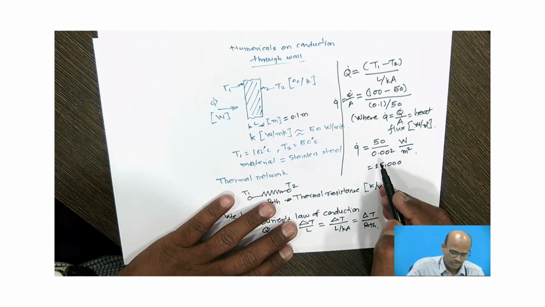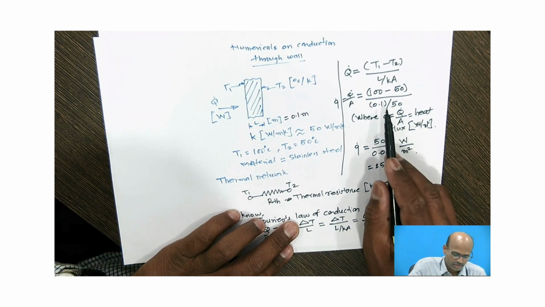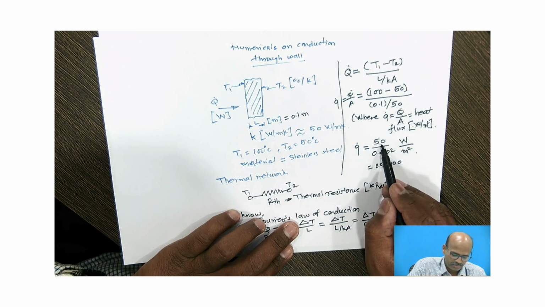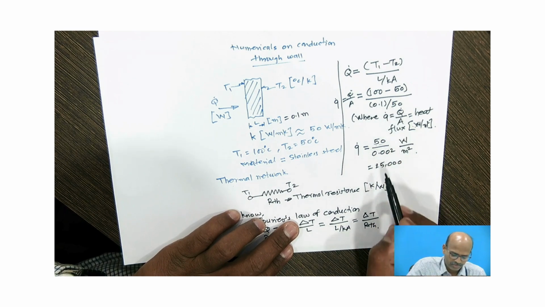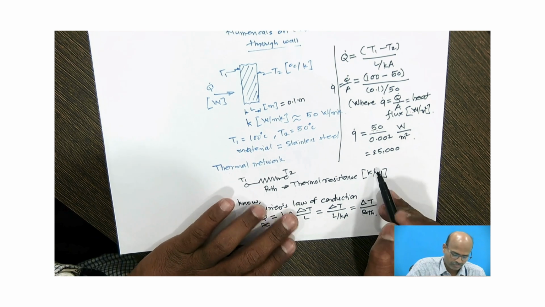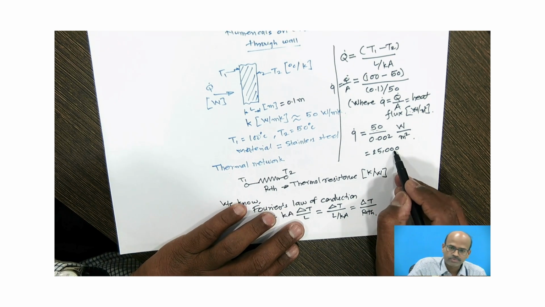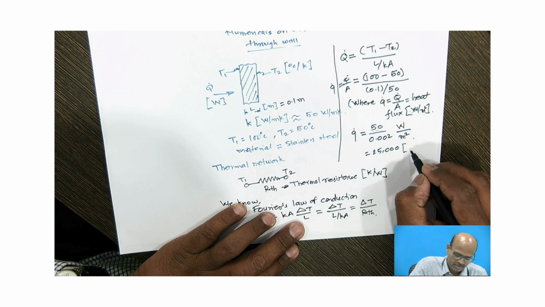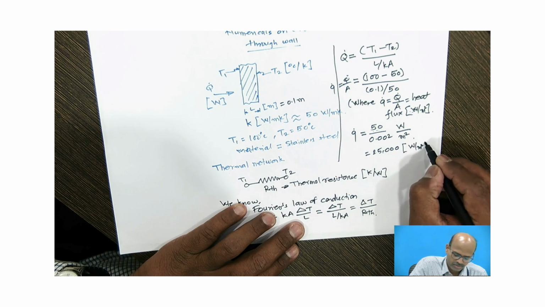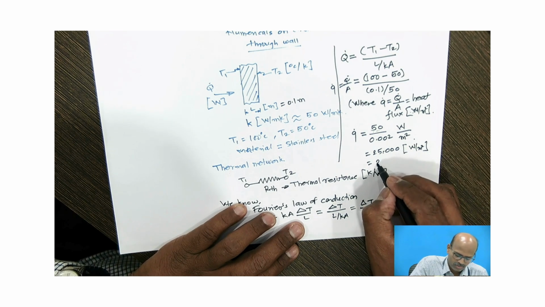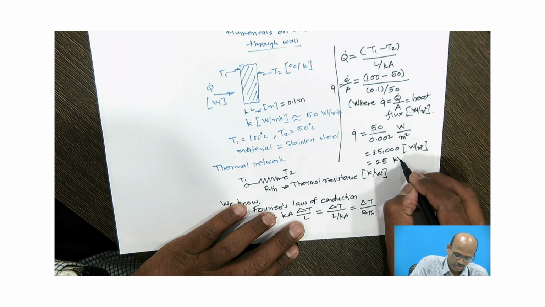So if we substitute the values, then the numerator difference is 50, 0.1 divided by 50 is 0.002. You will get the answer 25,000 watt per meter square, or 25 kilowatt per meter square.